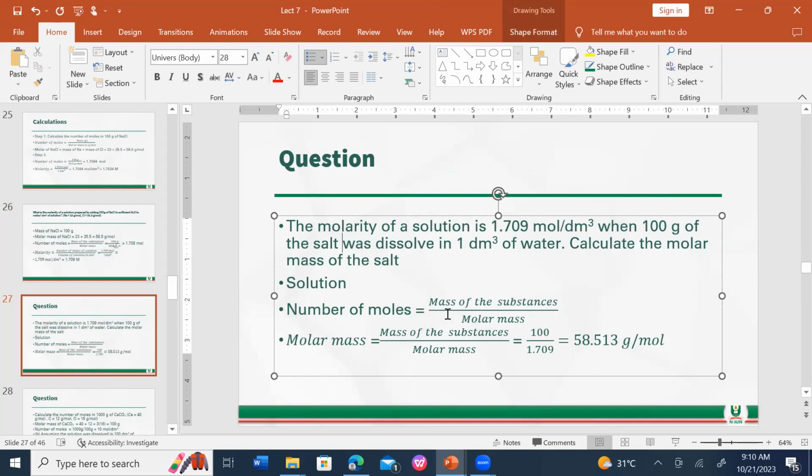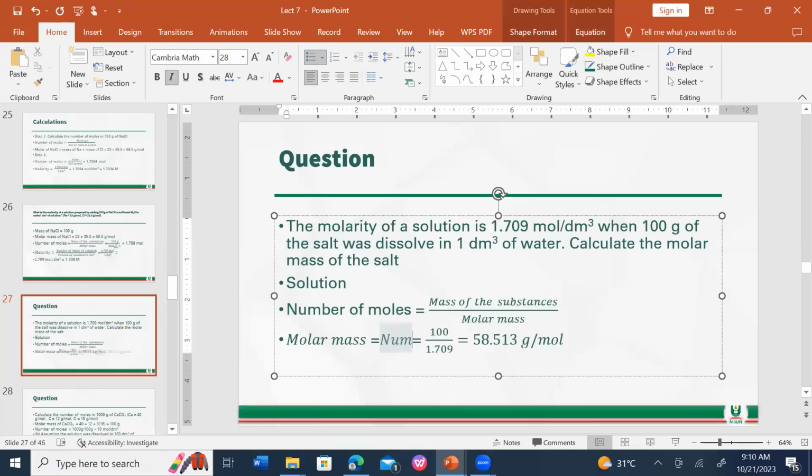So number of moles equals the mass of the substance over the molar mass. The number of moles is given to you here, and the molar mass is not given, so you have to find the molar mass. Molar mass will be the mass of the substance divided by the number of moles.